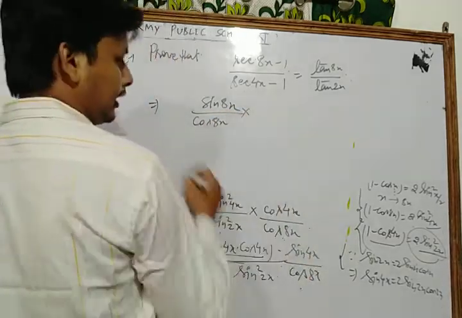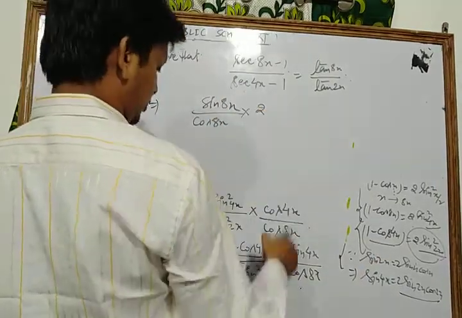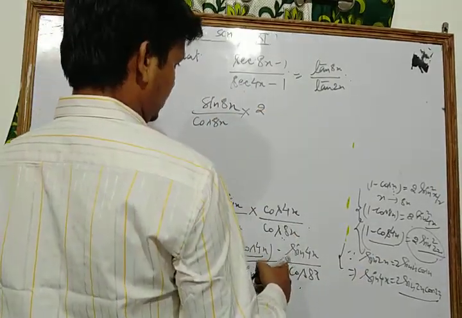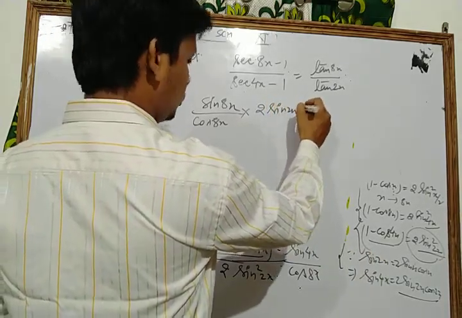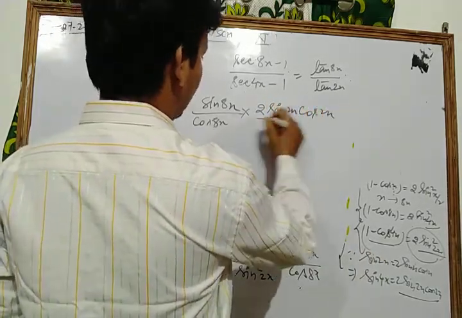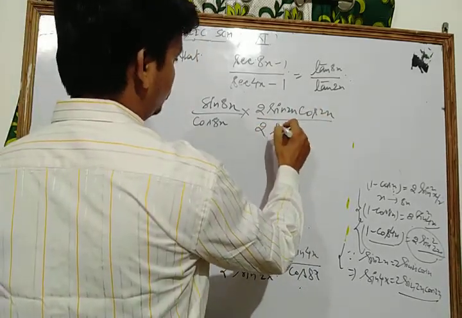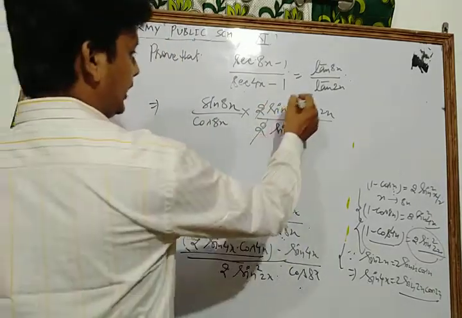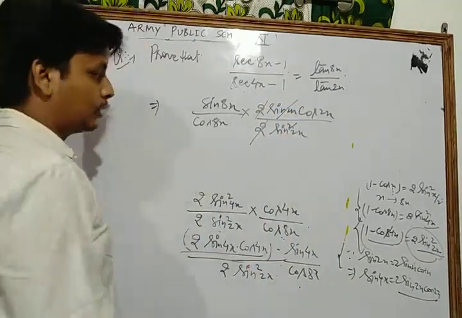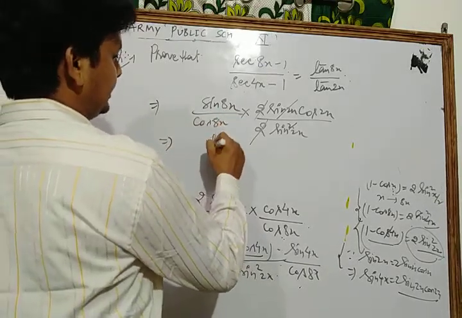Sin 4x we write as 2 sin 2x into cos 2x, and in the denominator we write 2 sin square 2x as it is. The 2 cancels out, and one sin 2x cancels out, then we get sin 8x upon cos 8x, that is tan 8x.